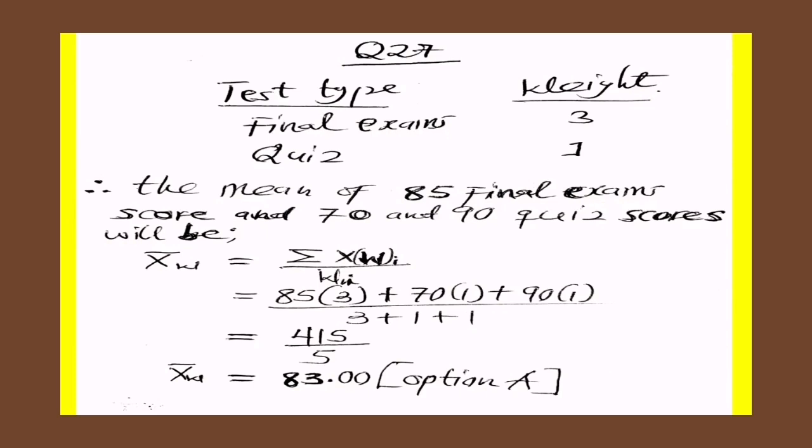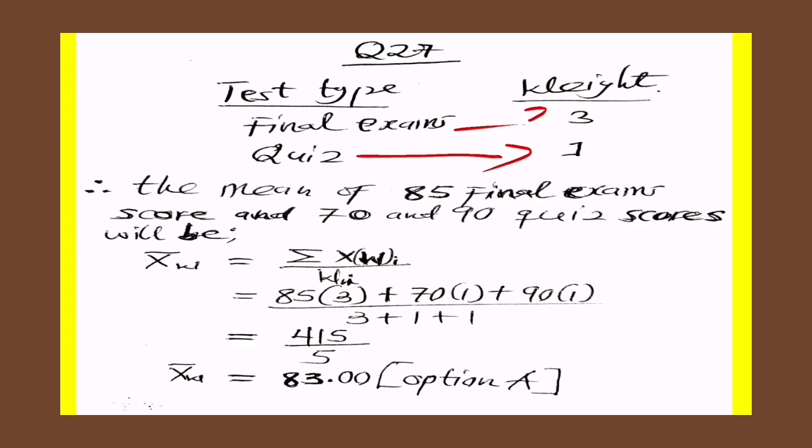The final exam will have a weight of 3, and the quizzes each have a weight of 1. So to find the mean, multiply 3 by 85, then 1 by 70, and 1 by 90. Add all of them and divide by the total weight, which is 3 plus 1 plus 1.